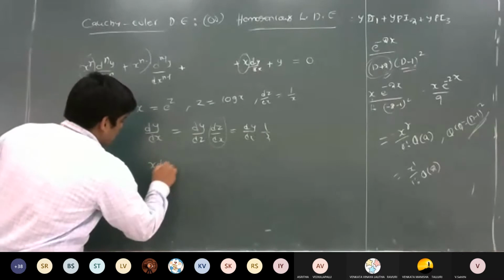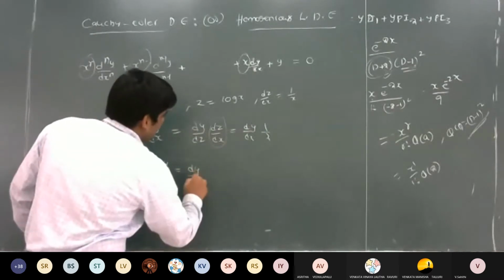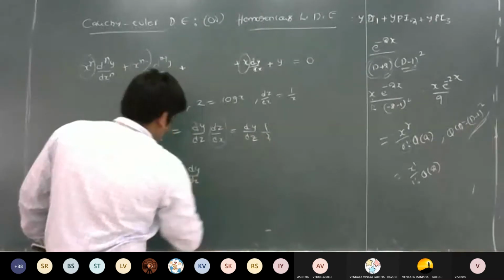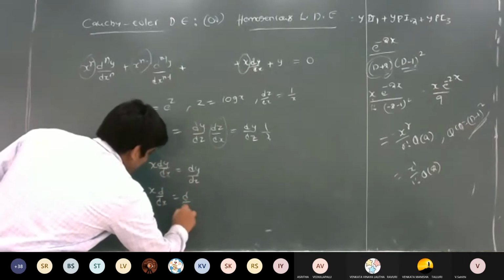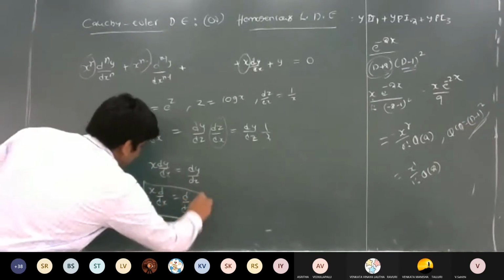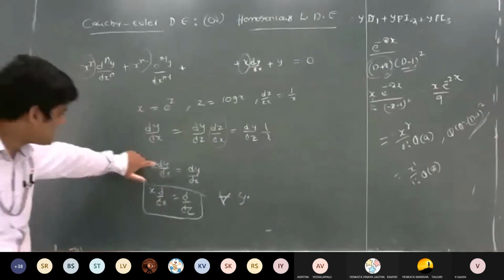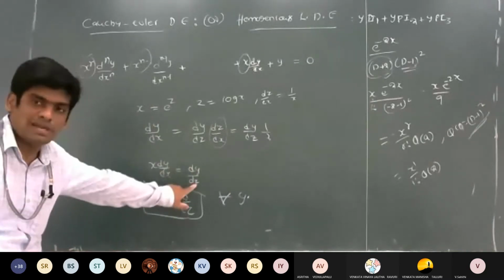With this, x into dy by dx is equal to dy by dz. So that is x into d by dx is equal to d by dz for every y. Is it clear up to this? So x into dy by dx is equal to dy by dz.